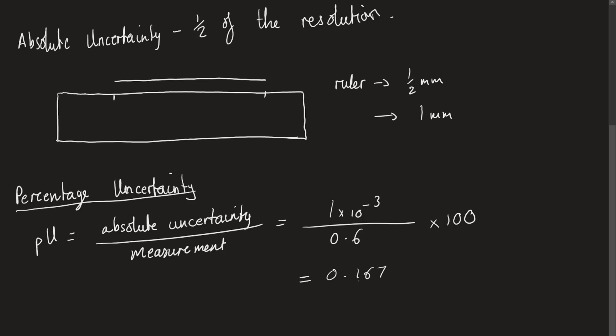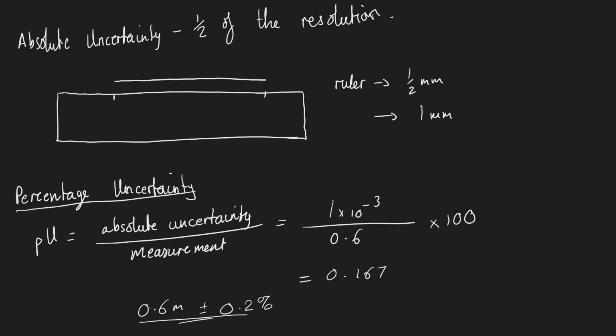So our first significant figure is 1, so we need to round that up. So our measurement becomes 0.6 plus or minus 0.2%. Okay, and on here we'd have to make sure that we're actually putting in that this is meters. Okay, and then we take 0.2% of this either side of that, and that's our percentage uncertainty.